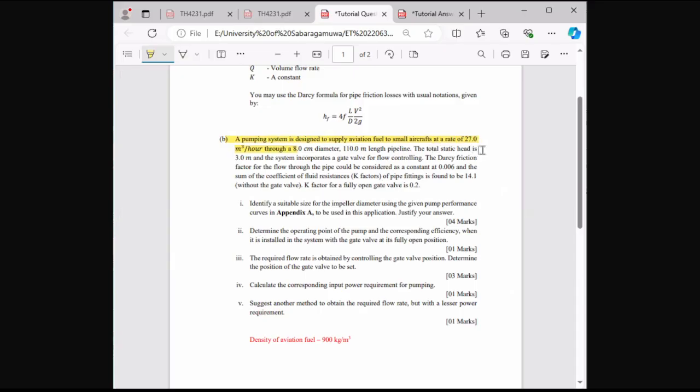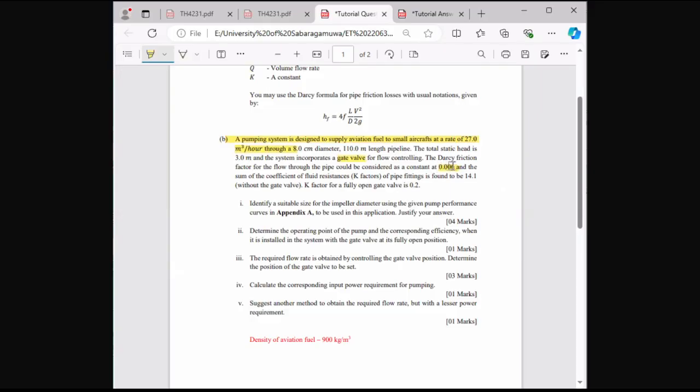The total static head is 3 meters and the system incorporates a gate valve for flow controlling. The Darcy friction factor for the flow through the pipe can be considered constant at 0.006.